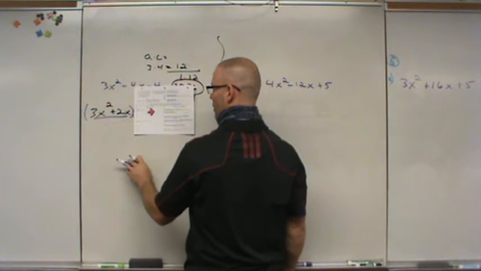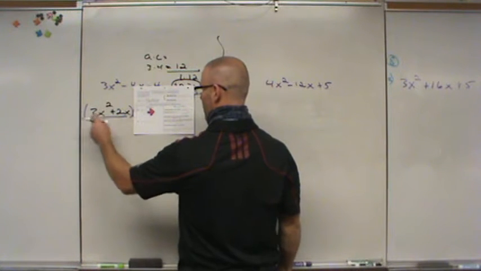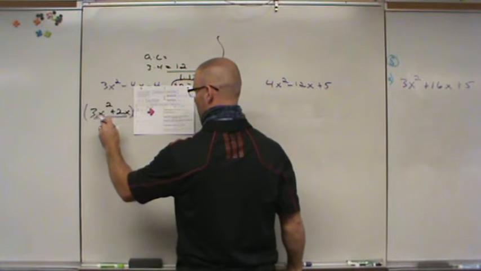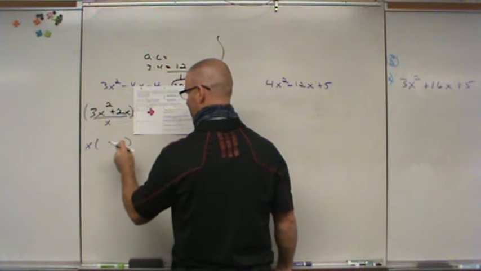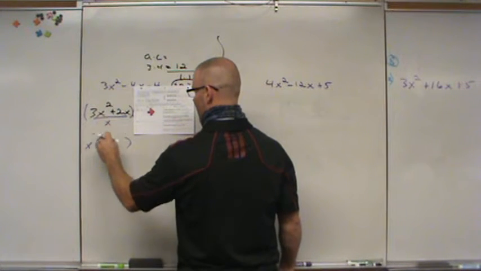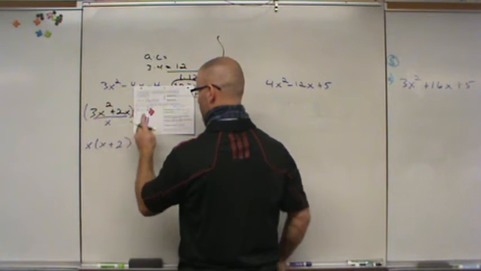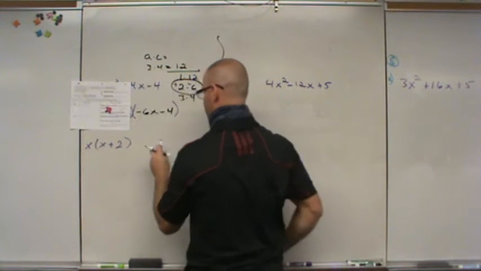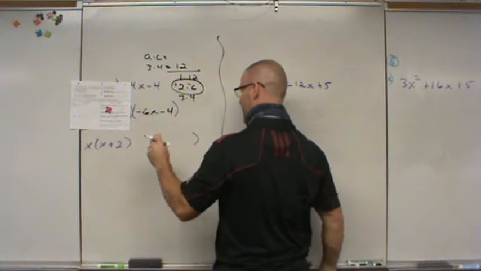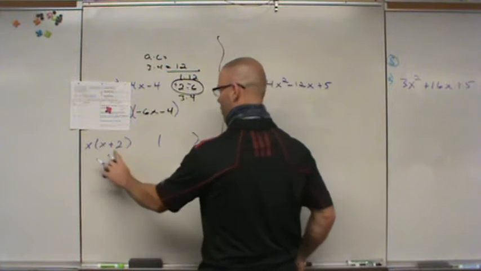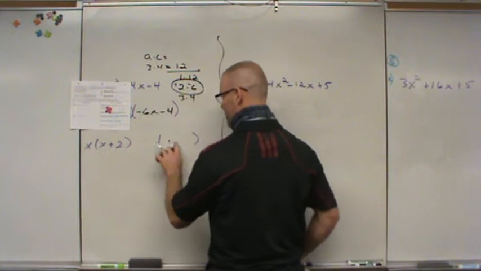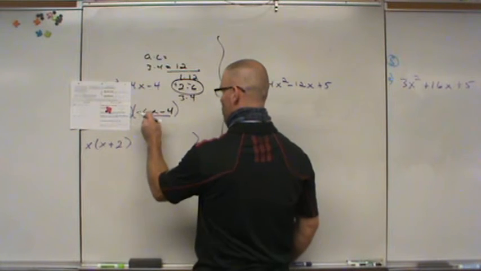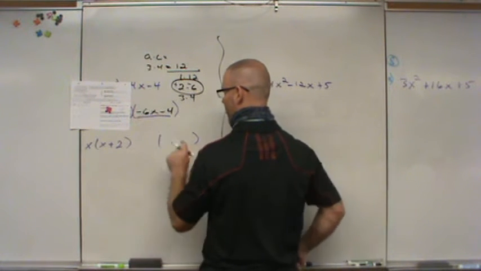What is the greatest common factor here? Numerically, 1 doesn't change anything. Variably, it's an x. So when I divide, I get x plus 2. Now, just cover up the other one. In this process, factoring when A is not 1, you want these two parentheses to be the same. This is how you know you've done the process correctly.